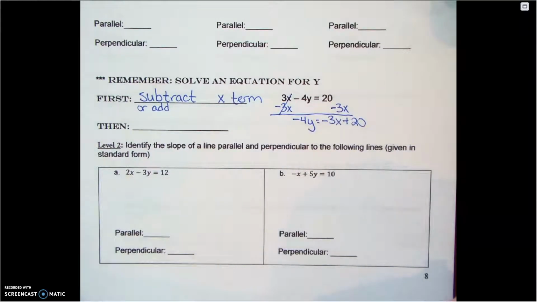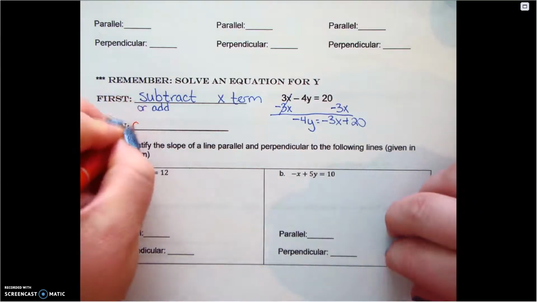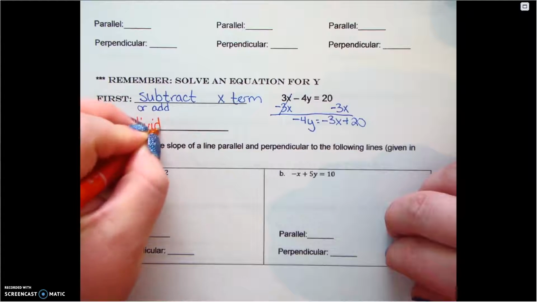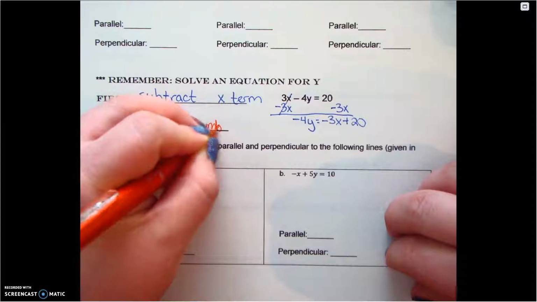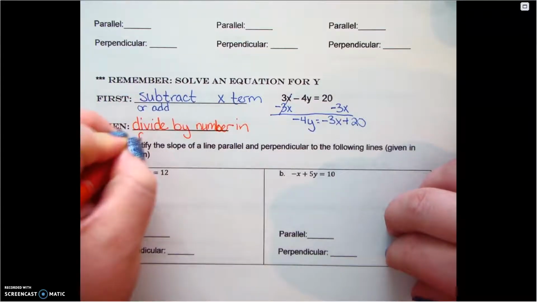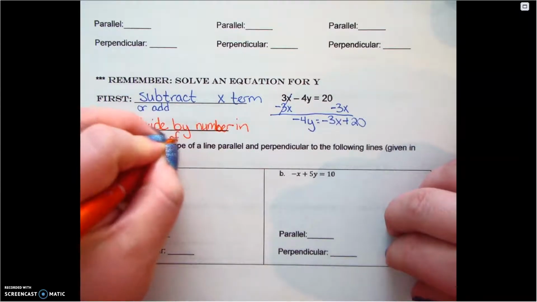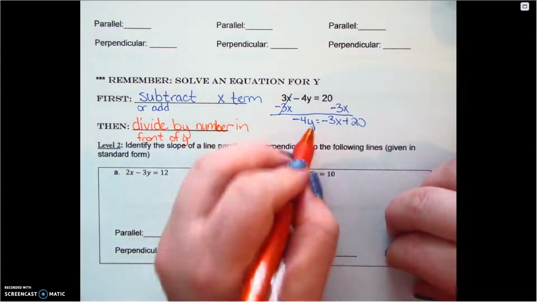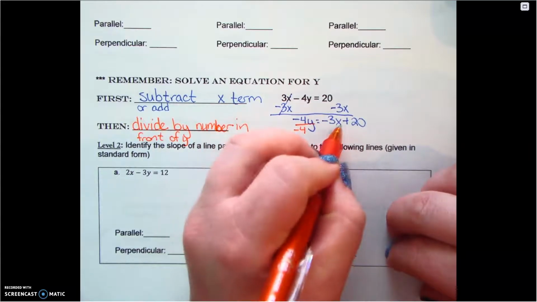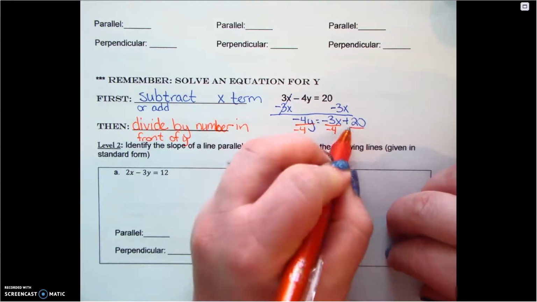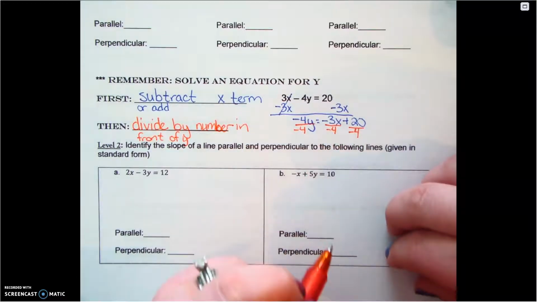We've moved the x term onto the other side, so now it's time for us to divide by our coefficient of the y. So we're going to divide by negative 4, and on the other side, we're not just going to divide one term by negative 4, but all the terms by this negative 4.